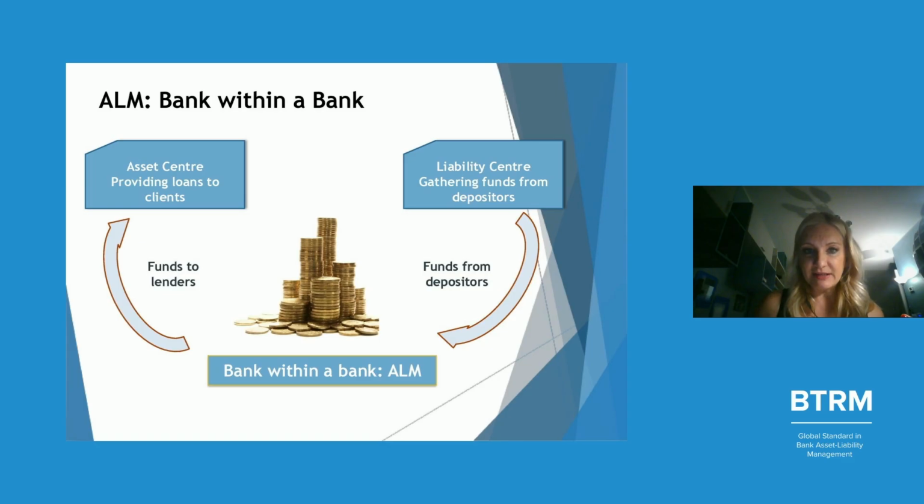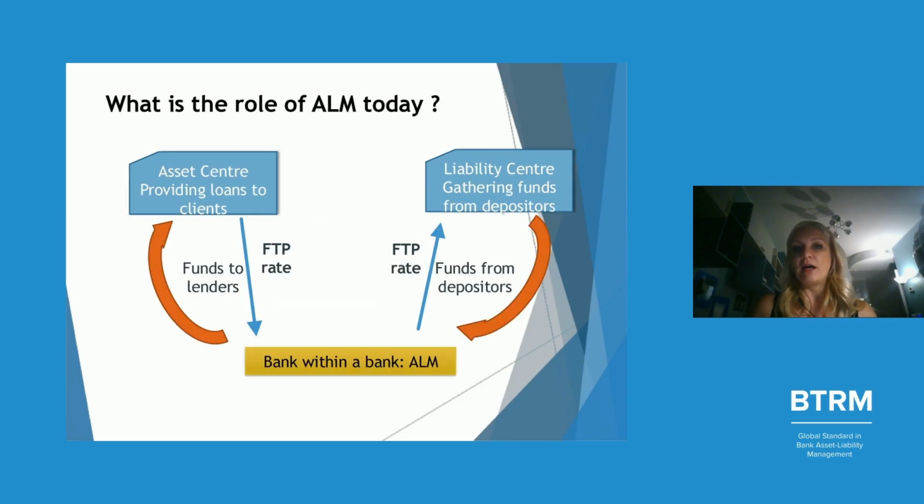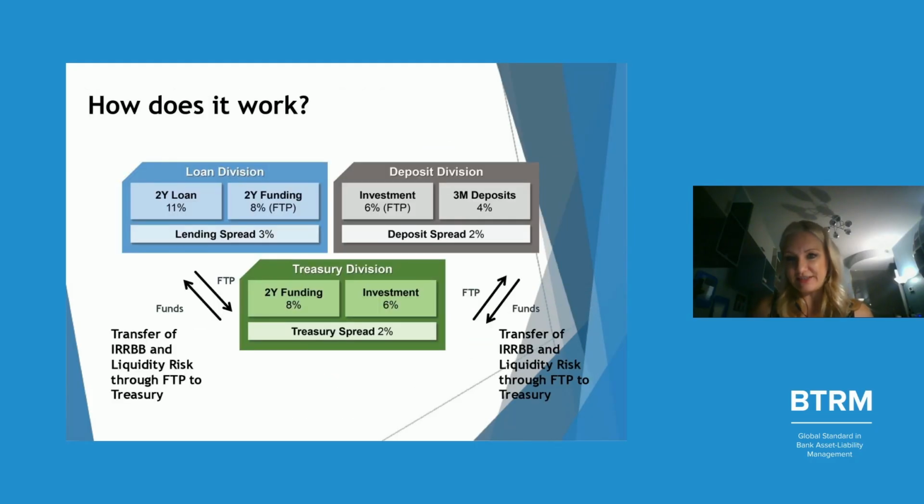So the liability center will be providing liquidity to the ILM unit, and in this way ILM has the liquidity to pass over to other business units which need liquidity. However, as I said, FTP is the tool to manage the price or value of liquidity. Let's see how it works in detail.